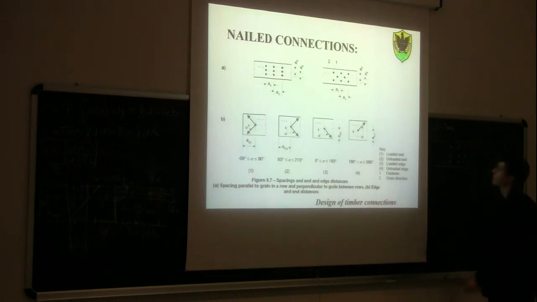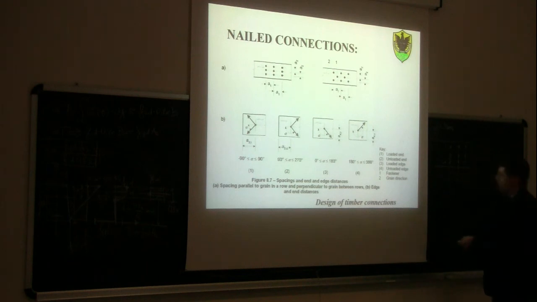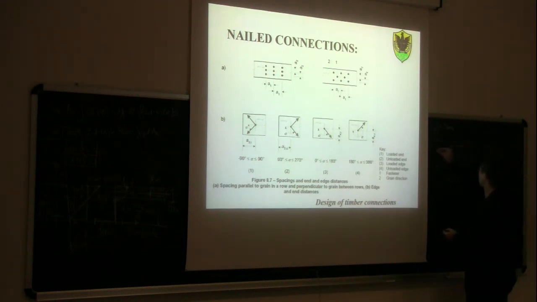So A1 is the minimum spacing between the nails. A1 and A2 is the spacing. This is the grain, and this is A2, the spacing across the grain.